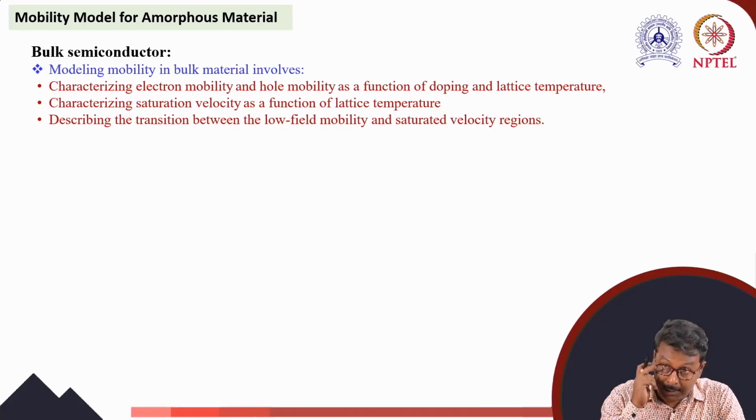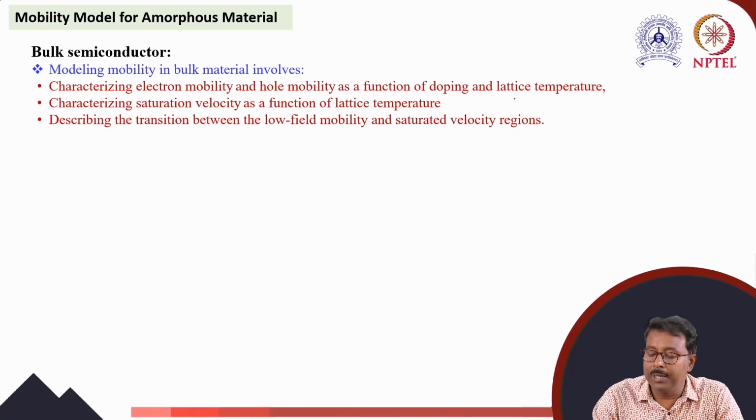Let us first compare with the bulk semiconductor. In a bulk semiconductor, modeling of mobility is mainly characterizing the electron mobility and hole mobility as a function of doping and lattice temperature, that we have discussed. Doping basically comes into the impurity scattering.